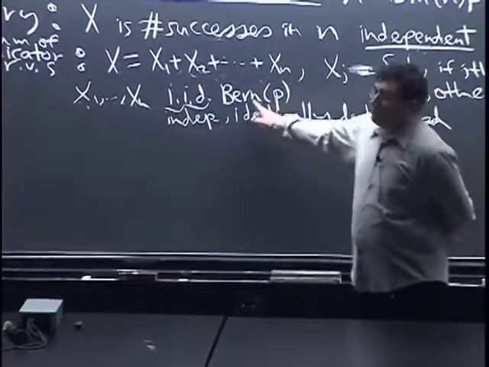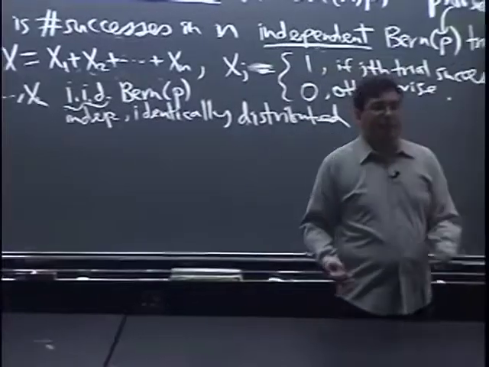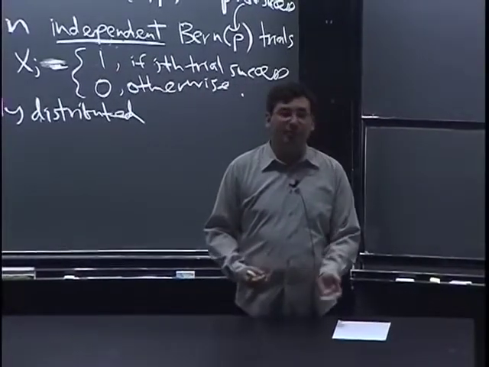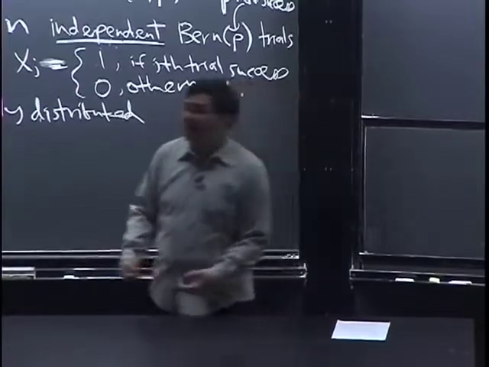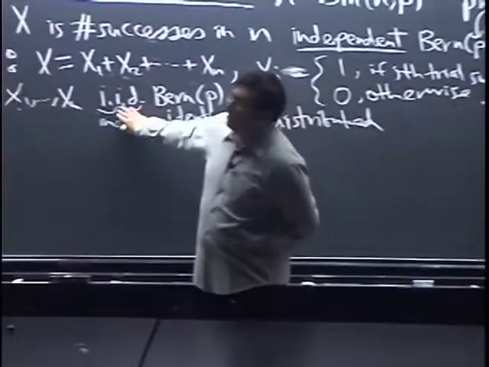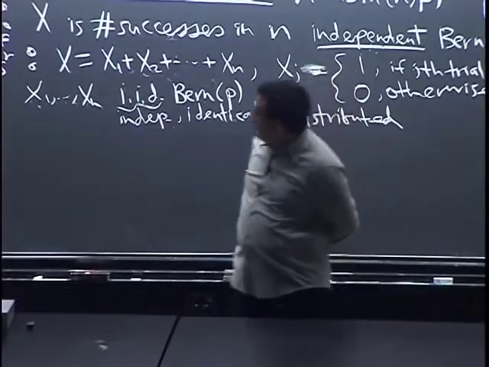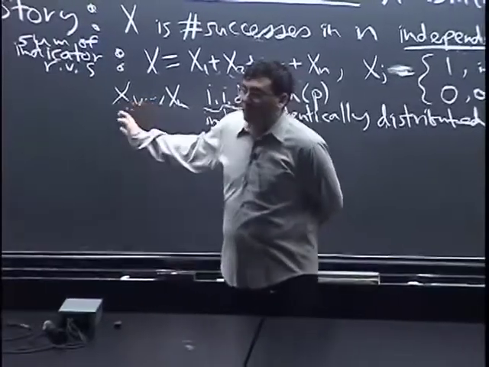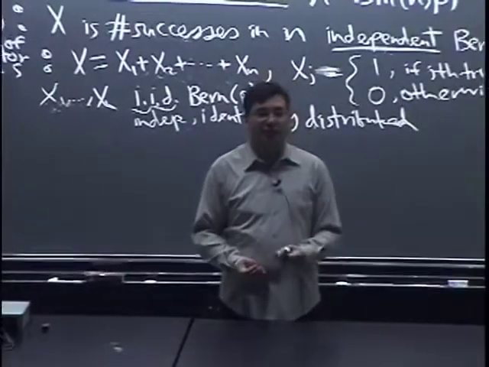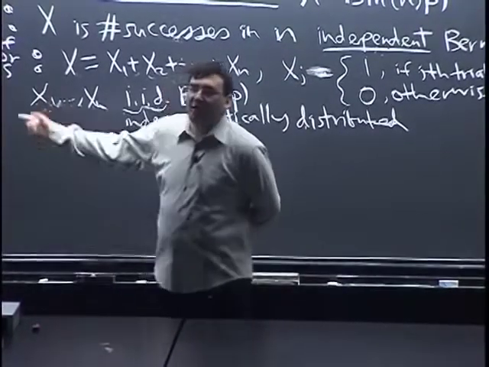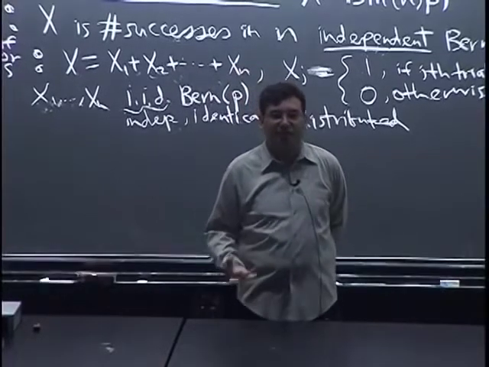Identically distributed means all of these X's have the same distribution. In other words, they're all Bernoulli P, and remember from last time, a Bernoulli P means 1 with probability P and 0 with probability 1 minus P. A very, very common confusion is to confuse random variables with distributions. The random variable is, mathematically, a function like we were defining it last time, but intuitively, X1 is 1 if the first trial is a success and 0 otherwise, right?